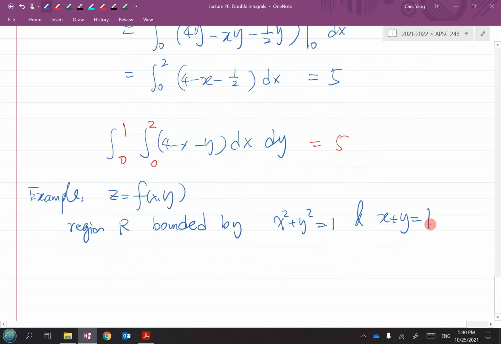This is key information. I want you to be able to interpret this information even if the question does not provide you with a graph of the region R, so then you can still graph it out.